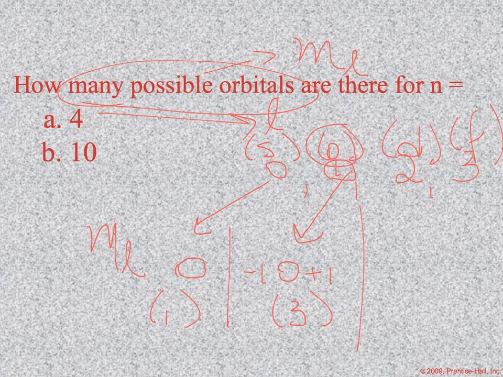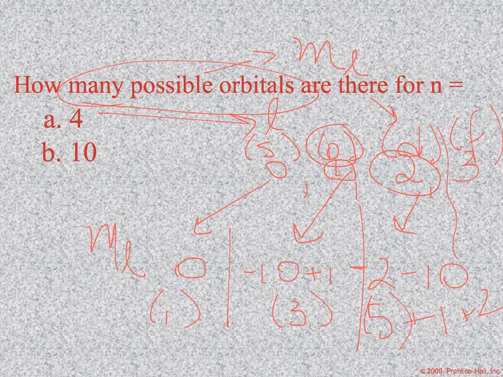All right, so if we are talking about a d sublevel, in other words, L value is 2, the m sub L value is -2, -1, 0, +1, +2. So in other words, there are 5 orbitals possible in a d sublevel.